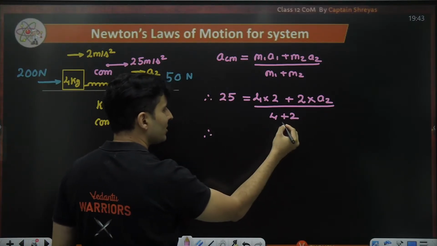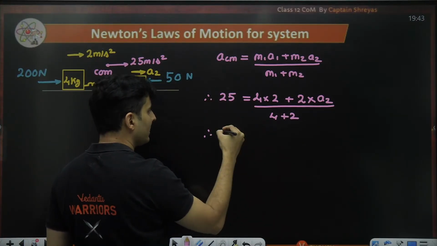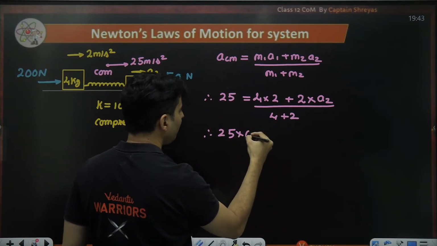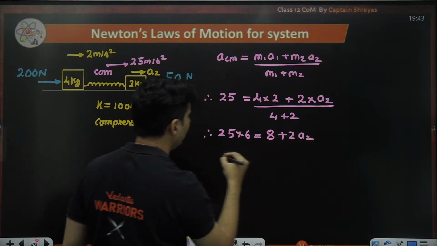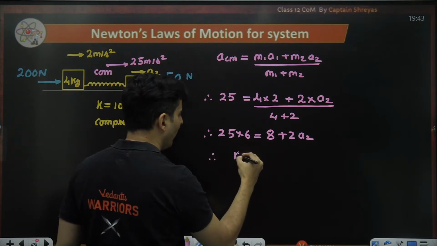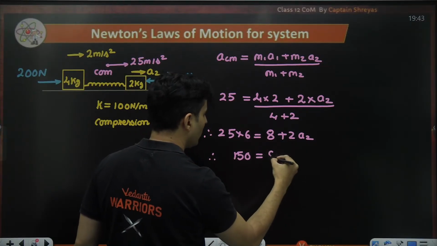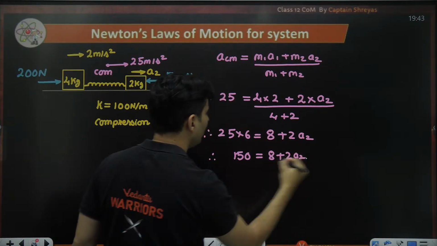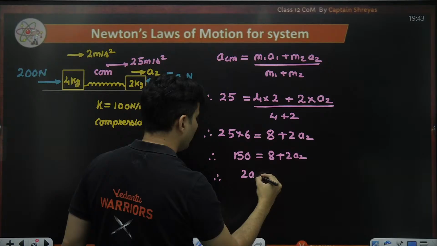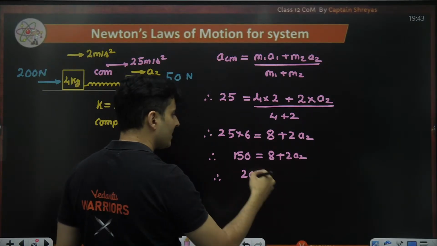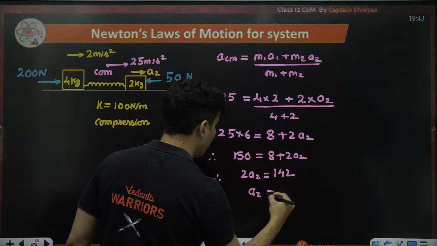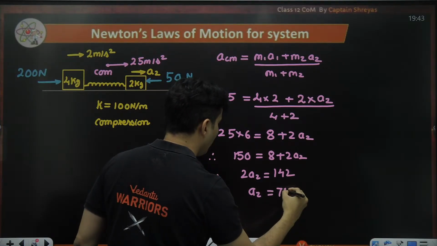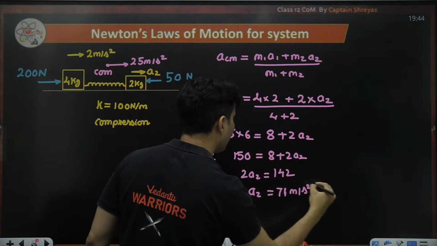Okay. 4 plus 2, 6. 25 into 6 we will have over here is equal to 4 twos are 8 plus 2 times A2. 25 sixes are 150 is equal to 8 plus 2 times A2. Therefore, 2 times A2 is 150 minus 8, which is 142. Therefore, A2 will be nothing but 71 meters per second square.